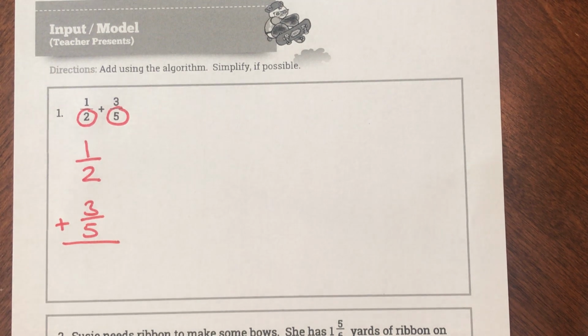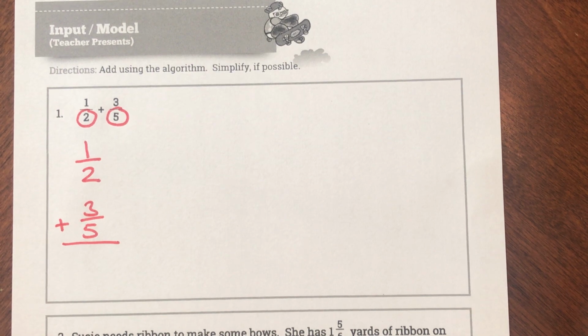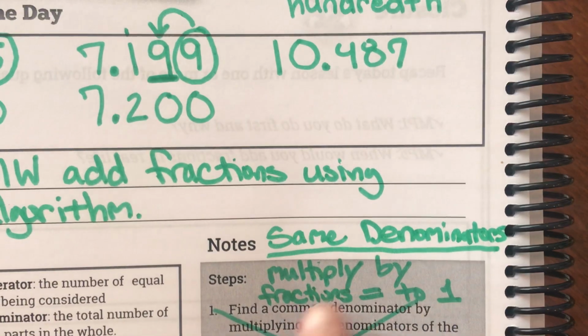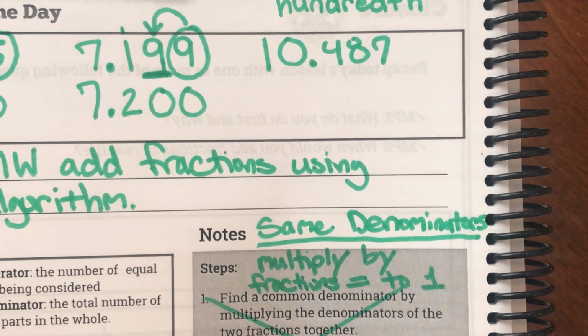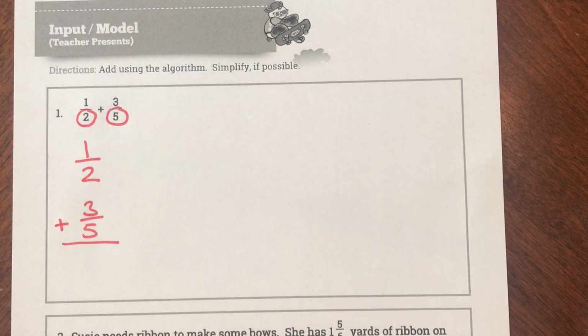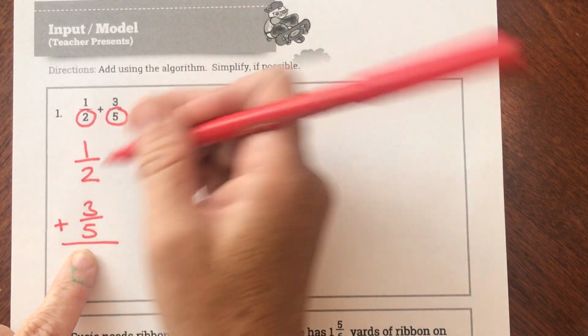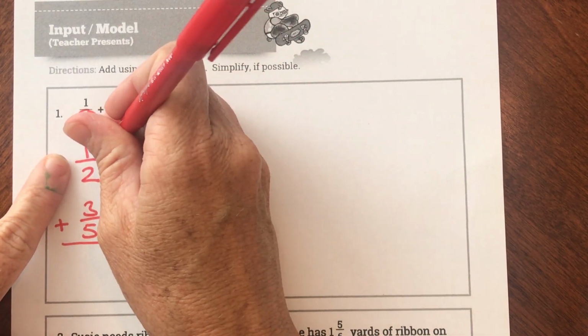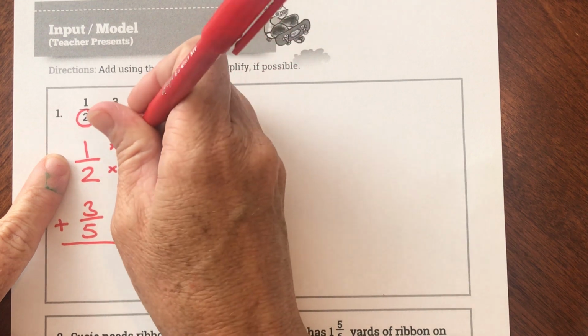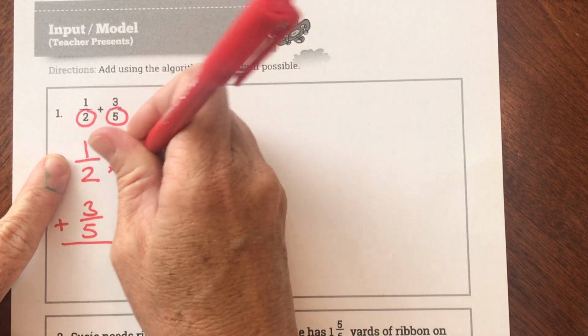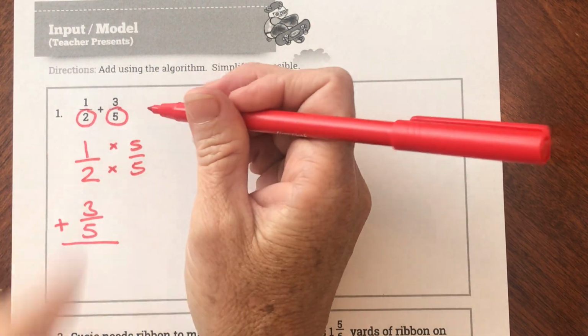Okay, now I need to make them have the same denominator. So what I'm going to do is, it said in my steps, I'm going to multiply by fractions equal to 1. Okay, so watch what I'm going to do. If I look at my denominators, I had a 2 and a 5. I'm going to multiply this fraction by 5/5. Now, here's the thing.